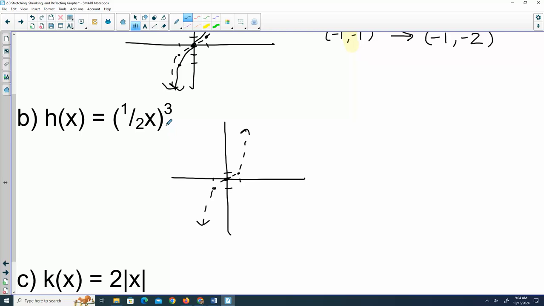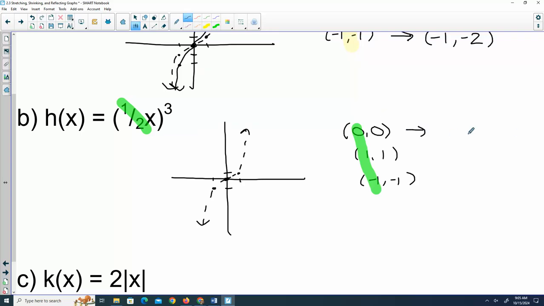So is it changing my x or my y? X. So if you think about your points, this will change my x, but it's the opposite of what it says.